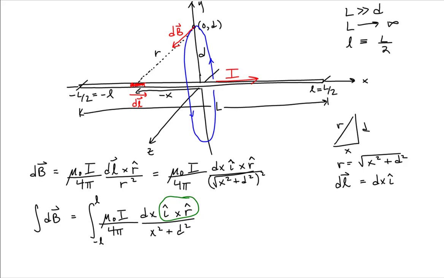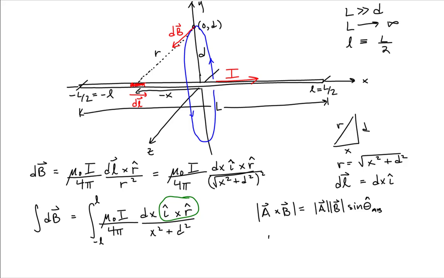Now, because we already know the direction of the magnetic field given to us by the right-hand rule, instead of evaluating the cross product, I am just going to recognize that the magnitude of the cross product of two vectors is given as the product of the magnitudes of each vector times the sine of the reference angle between them.